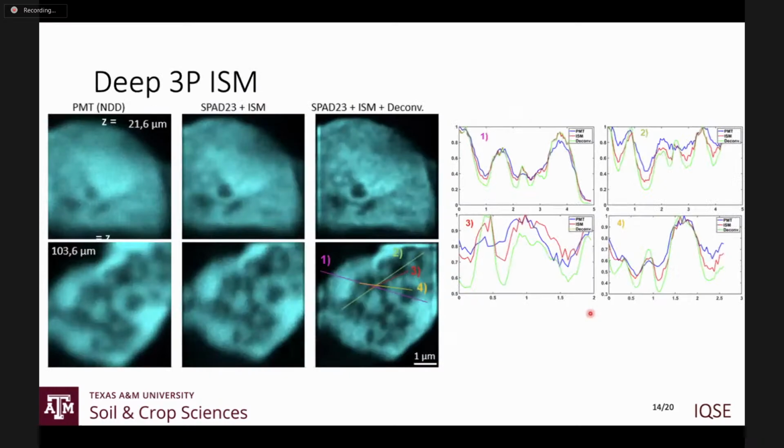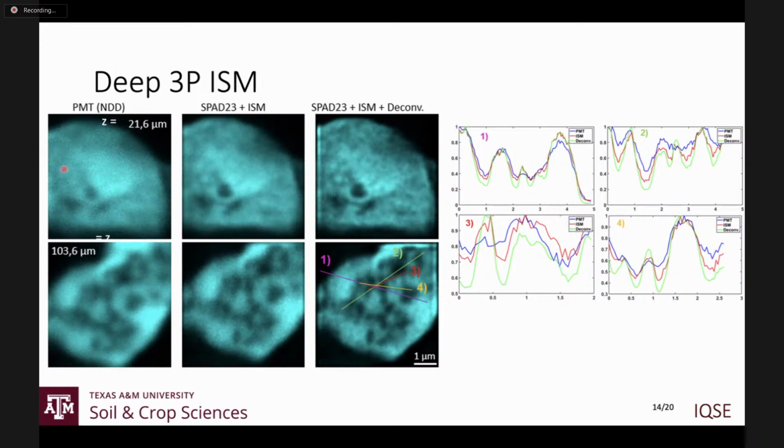The advantage of doing this with 3-photon microscopy is that we can image deeper into samples. So what you see over here on the left-hand side are 2 times 3 images.